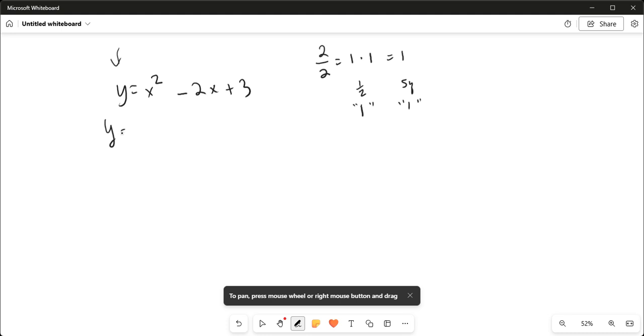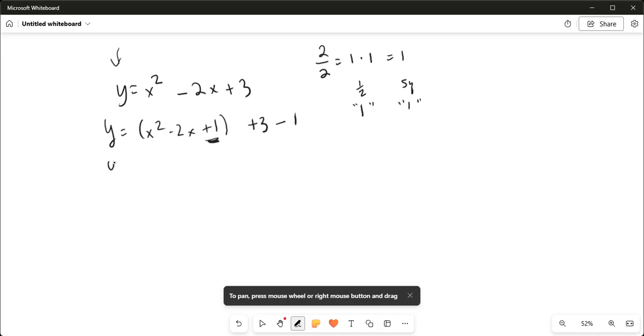So I'm going to rewrite that. x squared minus 2x plus 1. I'm going to add my plus 3 here. And so I've added it to this side. I know I just said add to both sides, but we're going to add it to this side and subtract it from here, because we don't want to change the value of the expression.